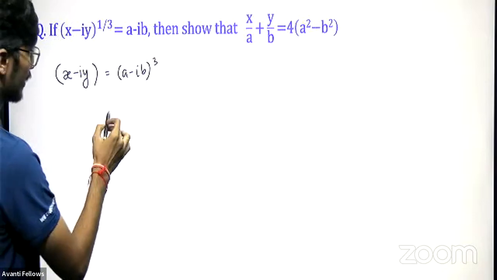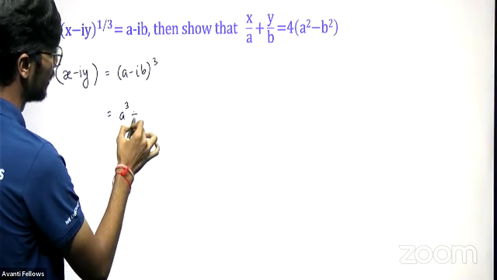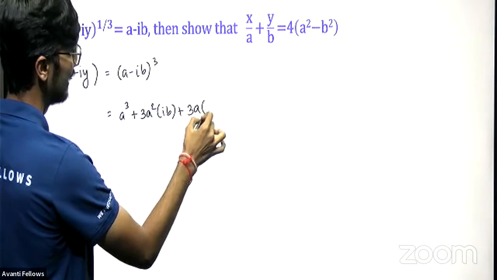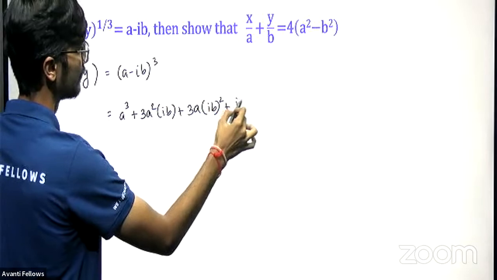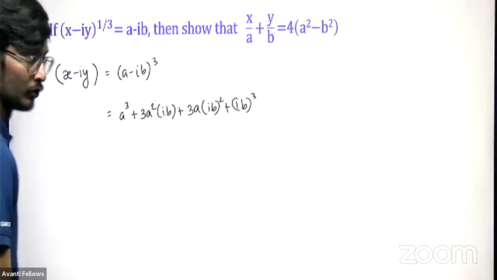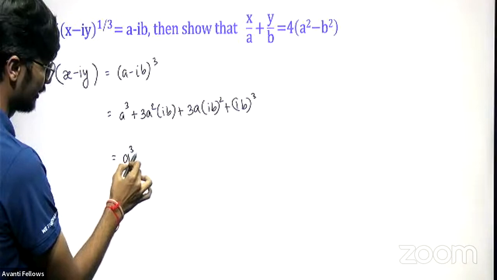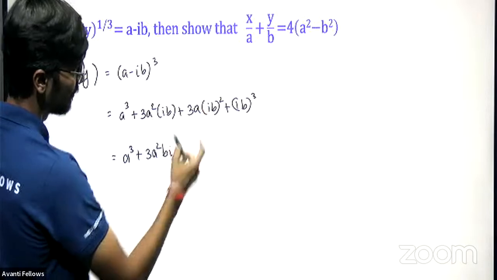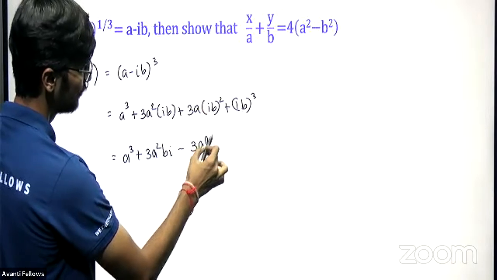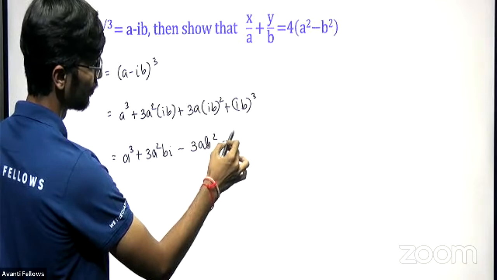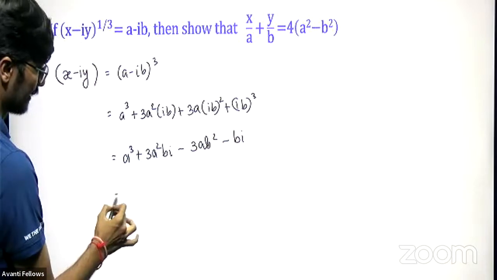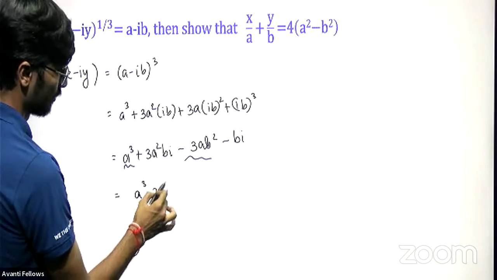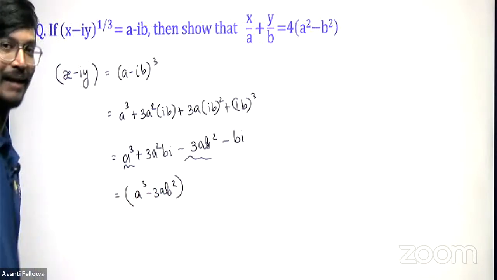Correct? If I open the cube, I'll get a cube plus 3a square b plus 3ab square plus b cube. So let's simplify. So I'll get a cube plus 3a square bi. i square is minus 1, so minus 3ab square, and i cube is minus i, so minus bi. Let's rearrange the real parts and the imaginary parts.